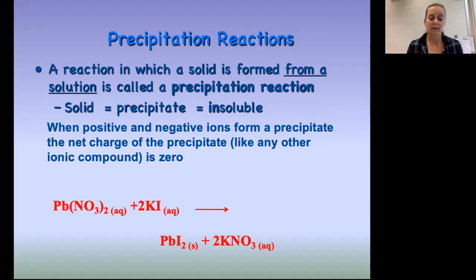And that's going to give us the formation of a precipitate, the lead(II) iodide, and an aqueous solution of potassium nitrate. So the potassium ions and the nitrate ions are still both just floating around free in the water. But those lead ions, as soon as they see the iodide ions, they grab on and they form a solid and it precipitates out.